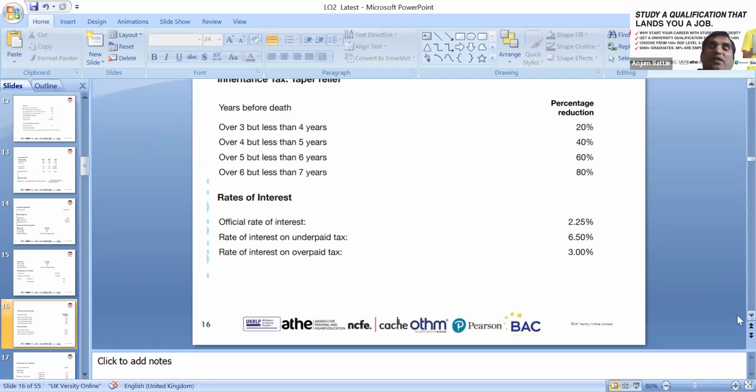If company gives you free money, like you can borrow money from the company, that's also coming, and the 2.5% is the official rate of interest. The rate of interest on unpaid tax is 6.5%, and the rate of interest on overpaid is 3%.